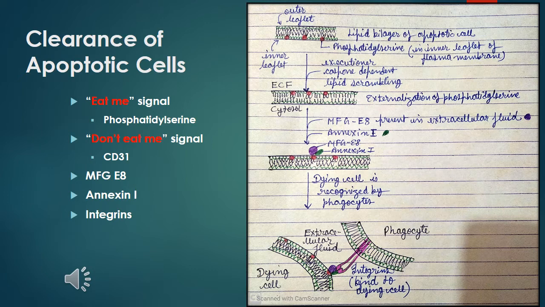The clearance or burial of the dying cell is the ultimate function of apoptosis, as the cell is removed with almost no indication that it had ever been there. This occurs by phagocytosis or cell eating, either by professional phagocytes like macrophages or dendritic cells, or even some other cells like epithelial cells.